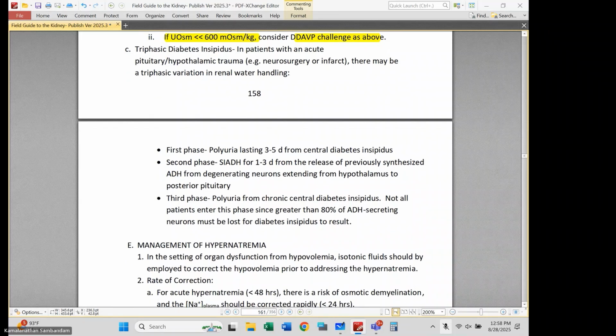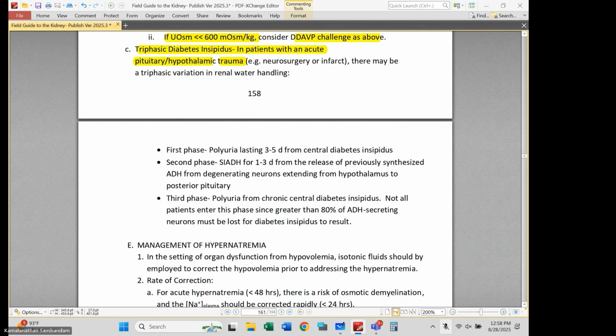Let's then cover this triphasic diabetes insipidus syndrome that we occasionally see. This is something that is classic in a patient who has a CNS trauma or a pituitary surgery.